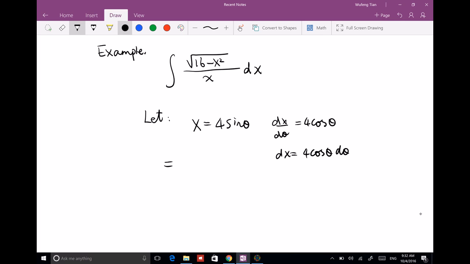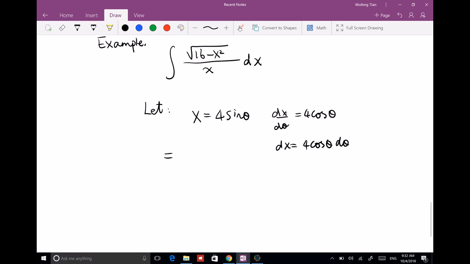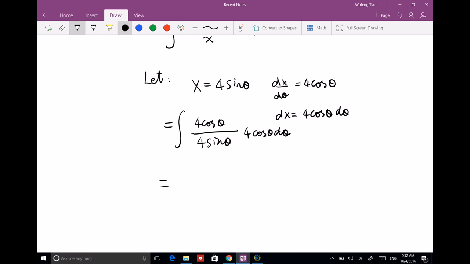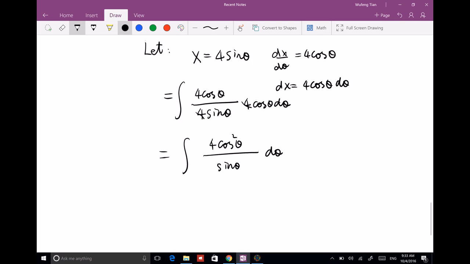Then over x. Very good. Perfect. And then we cancel the 4. So this is the step you got, cosine theta squared over sine theta d theta. Thank you very much.